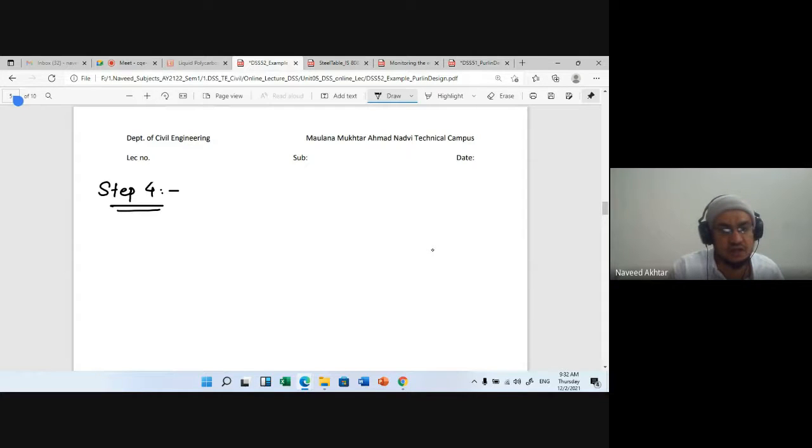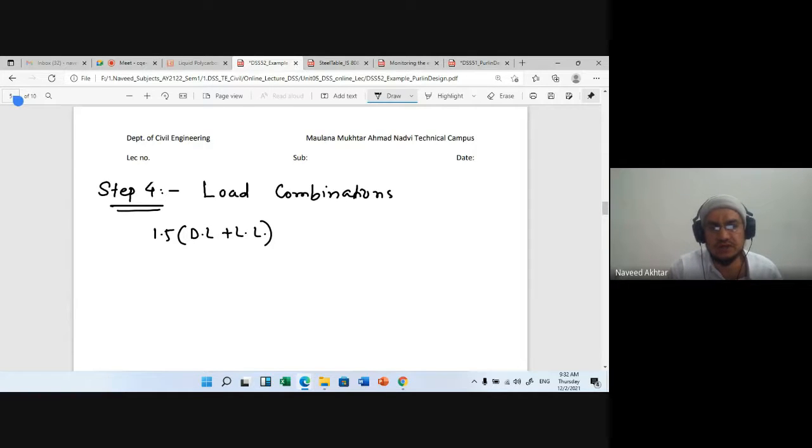The first combination is 1.5 times dead load plus live load, as given in IS 800 2007.